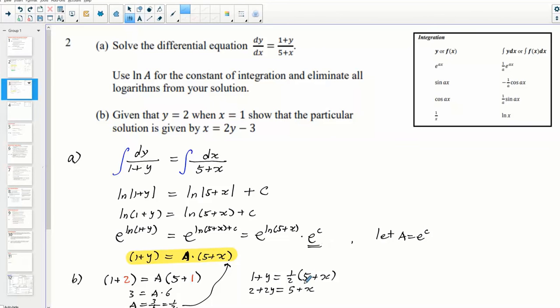And subtract 5 on both sides. I should get minus 3 plus 2y equals x, which is just the equation in the question with left and right swapped. So x equals 2y minus 3.